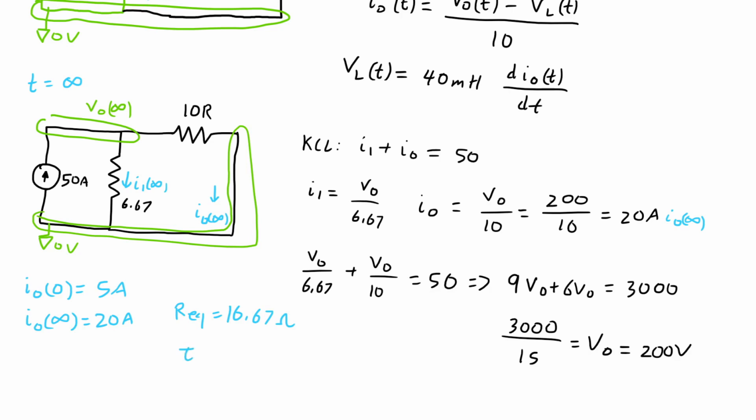That means tau is going to be L over R. So L is 40 millihenry divided by 16.67 ohm. So 40 times 10 to the minus 3 divided by 50 divided by 3 is 2.4 milliseconds.